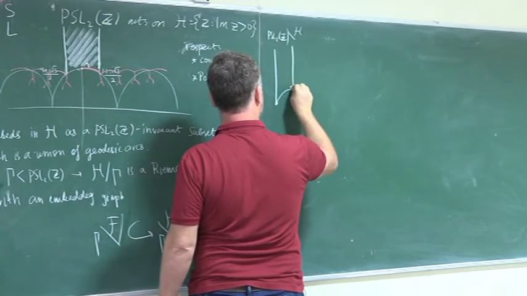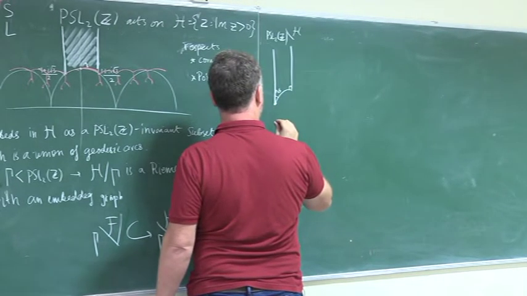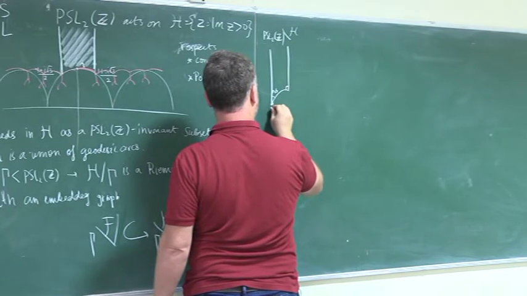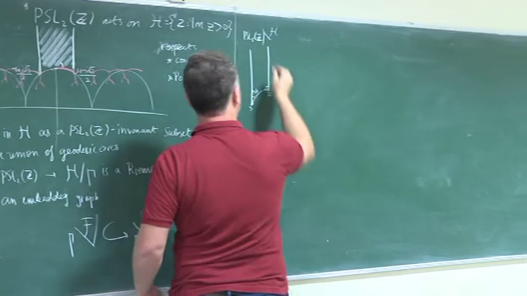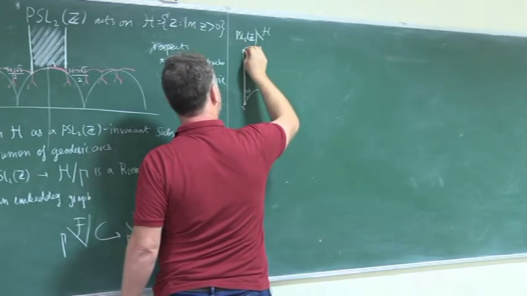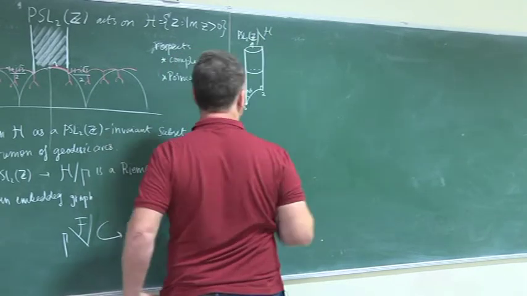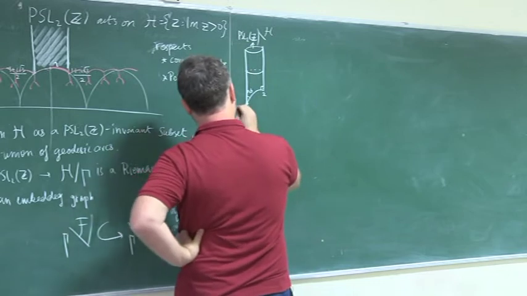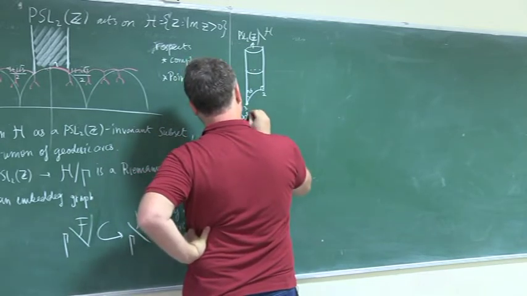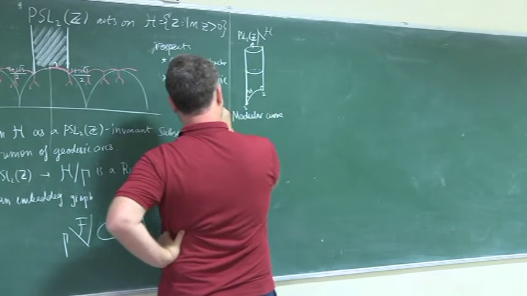The angle here is 90 degrees, and here it is pi over 3. So this is an orbifold point of order 3, and this is an orbifold point of order 2. This side goes to infinity. This object is called the modular curve.